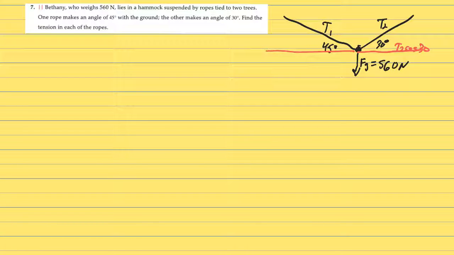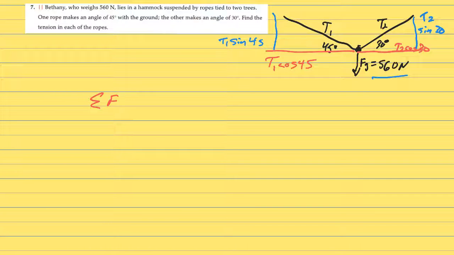This would be T1 cosine of 45 and T1 sine of 45 and T2 sine of 30. And remember, I have that as a y as well. So let's do the x first. That's usually how we do this.